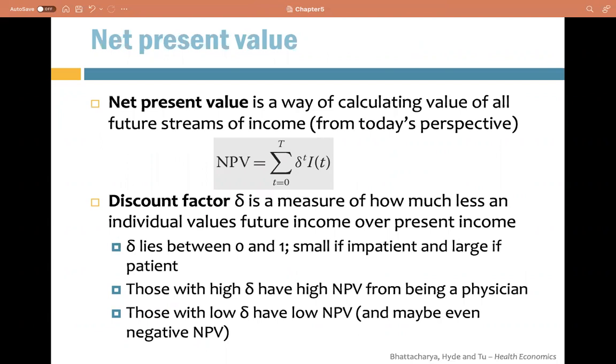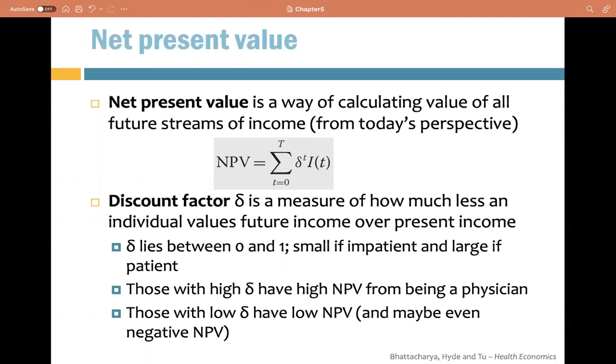Net present value is a way of calculating the value of all future streams of income from today's perspective. So we are not just going to add up all of our future income one by one in dollar terms, but instead we're going to look at it from today's perspective. Think of how much $1 you earn in 10 years is worth to you today.